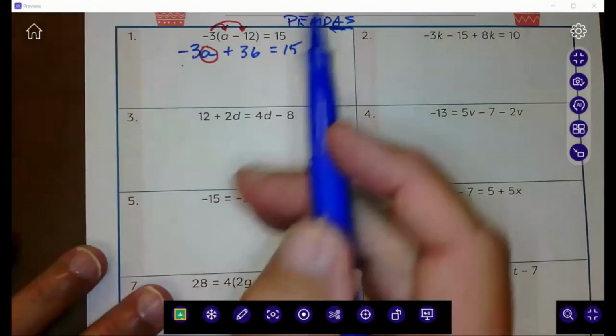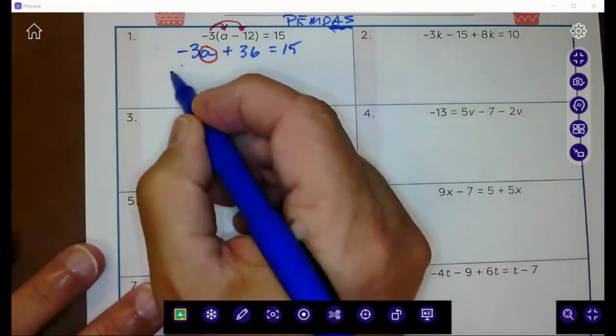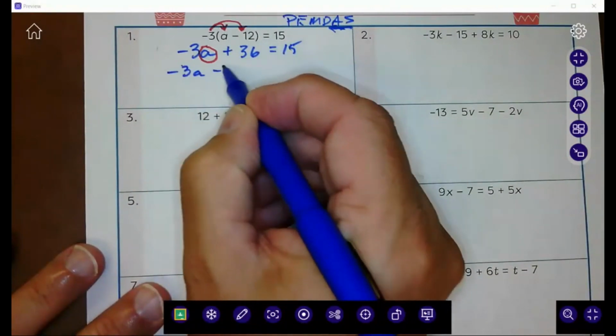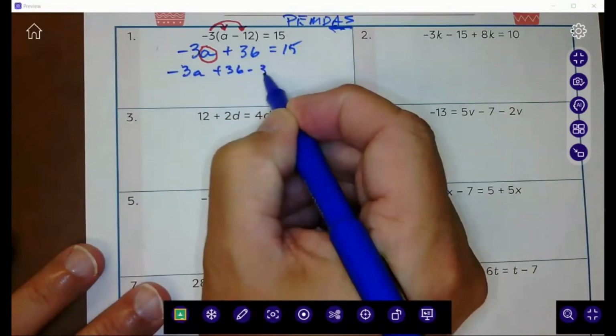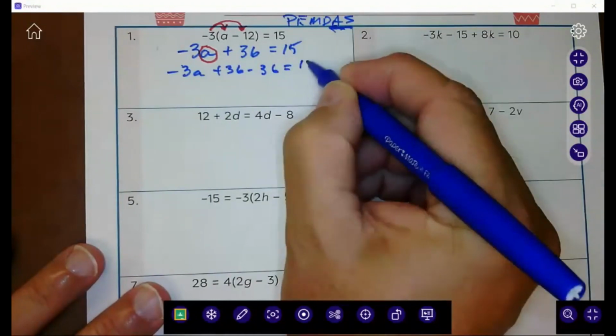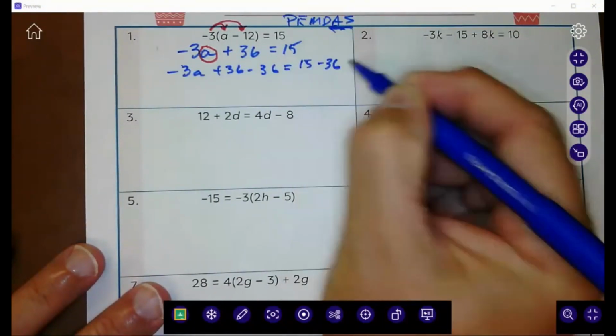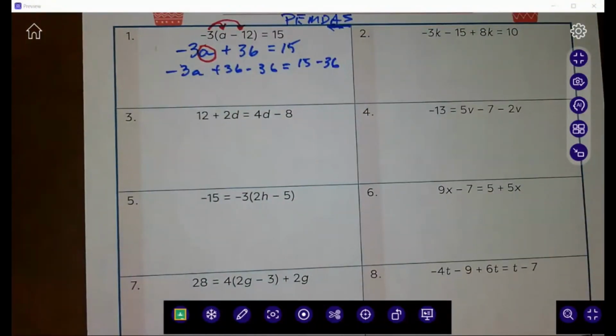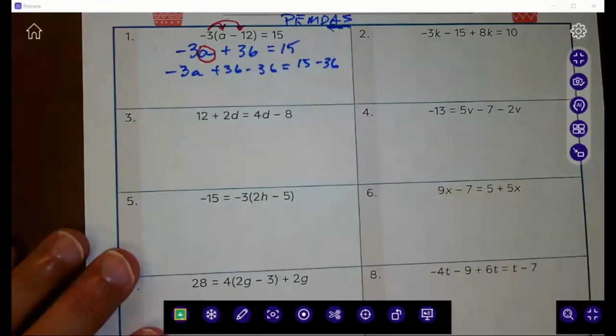Yes, exactly right. We're adding 36, so I need to subtract 36 from both sides. You focus on that variable. You look to see what's being added or subtracted to that variable. And in this case, it's 36.